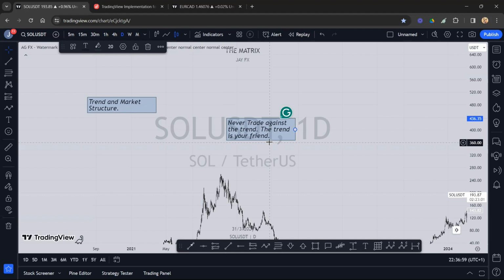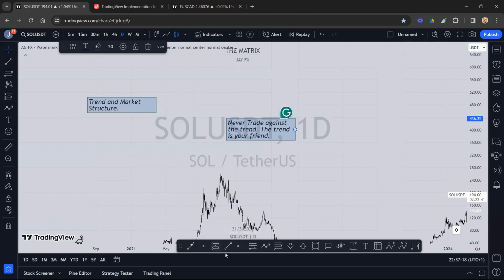It's just like a motor is coming towards you and you are crossing the road. Definitely the motor is going to hit you. But if the motor is moving away and you're crossing the road, the motor can't hit you because it's moving away. That's how it is with the trend.